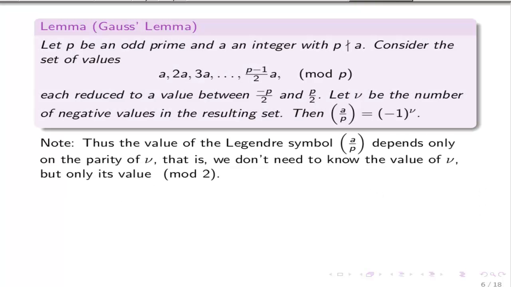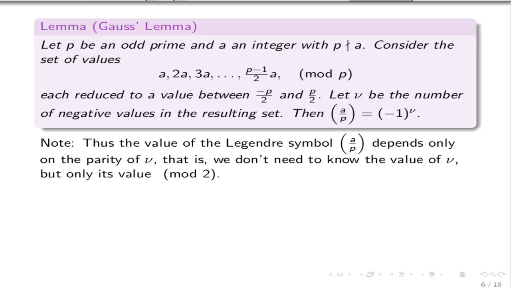Gauss's lemma. Let P be an odd prime, A be an integer not divisible by P. Consider the set of multiples of A going from 1A to (P minus 1)/2 times A, and then reduce them mod P to a value between negative P over 2 and plus P over 2.